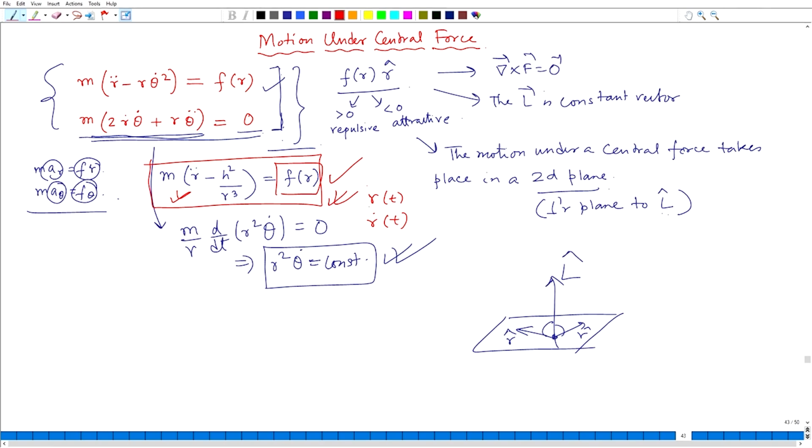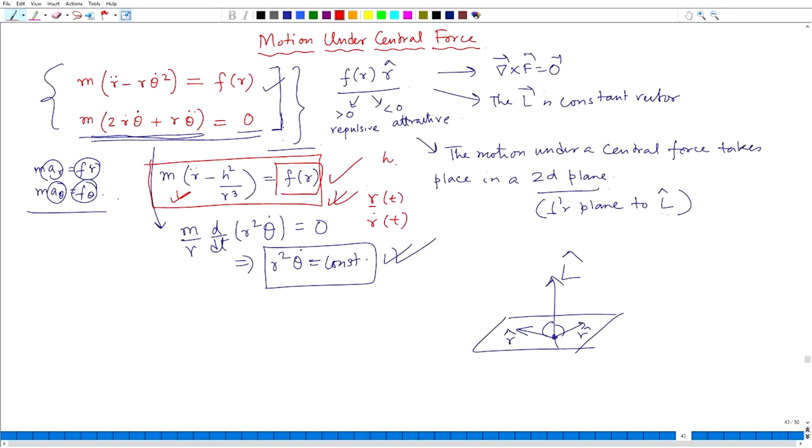Once you know r, and since h is a constant of motion, you can determine that from the initial conditions, which you should never forget. The initial conditions will give you h, and from that, if you know r, you will have theta dot, and once you know theta dot you can calculate theta by integrating, as a function of t.